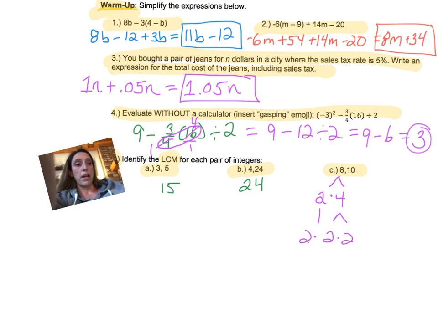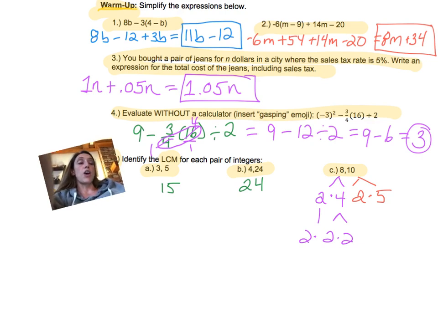And then I would do the prime factorization of 10. It's a little quicker. 2 is a prime number that goes into 10, and 5 is a prime number that goes into 10. So the prime factorization of 8 is 2 times 2 times 2, and then the prime factorization of 10 is 2 times 5.